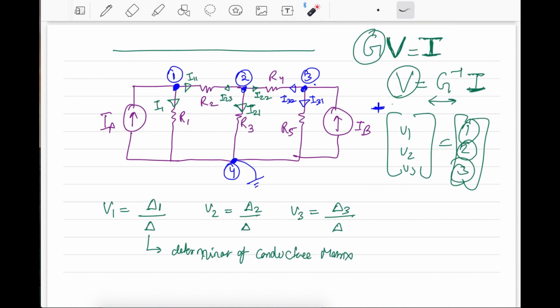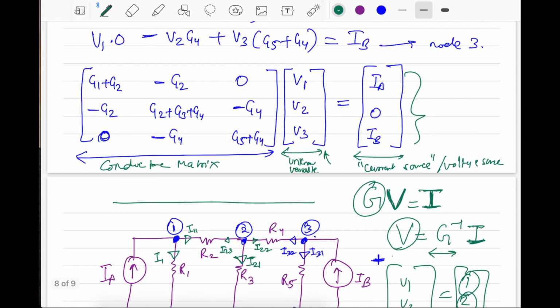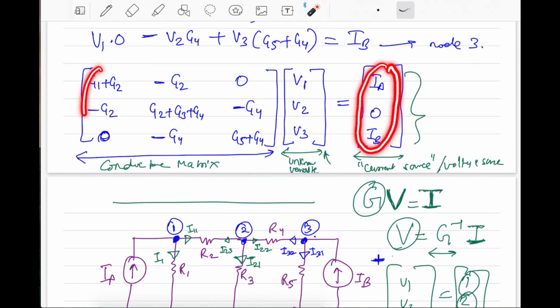What about this delta 1? If you want to calculate specifically V1, then V1 can be calculated by delta 1 divided by delta. Delta 1 is again a determinant, but now you have to put this vector of I values in the first column of the determinant.